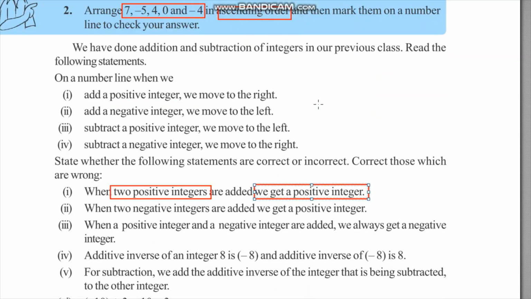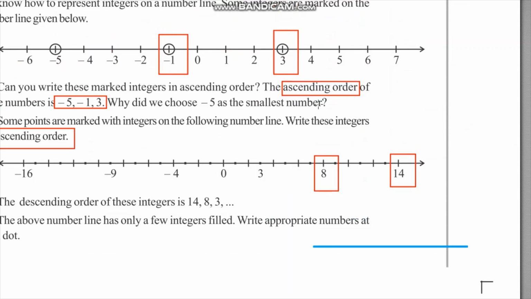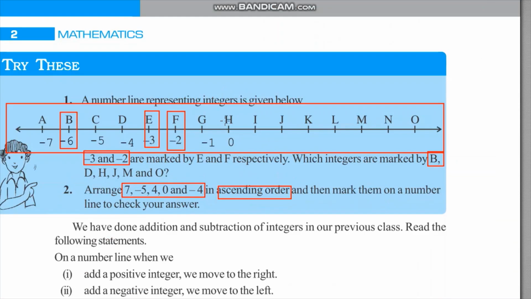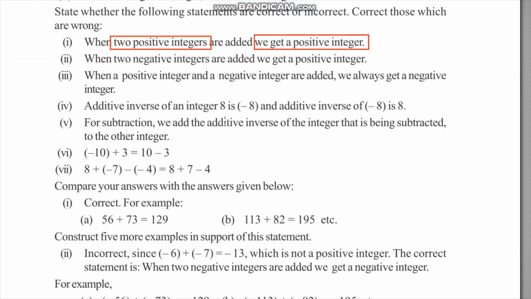So when we go and see our number line, whenever you're adding a positive integer, that is any integer that is to the right side of 0, and then again you're adding a positive integer to it, you just keep on going to the right side. Okay, so in that situation you can only end up with a positive integer, which is why this statement is correct. So the first statement is correct.